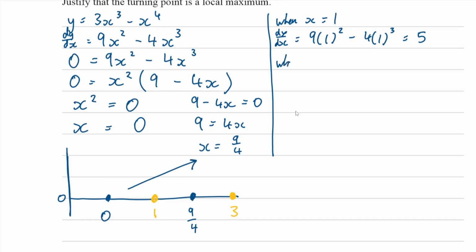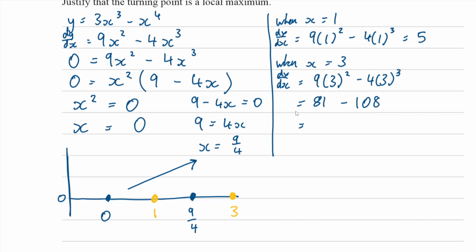Now, when x equals 3, let's work out the gradient. 9 times 3 squared minus 4 times 3 cubed, which is 3 squared is 9. 9 times 9 is 81. 3 cubed is 27. 27 times 4, 108. 81 minus 108.